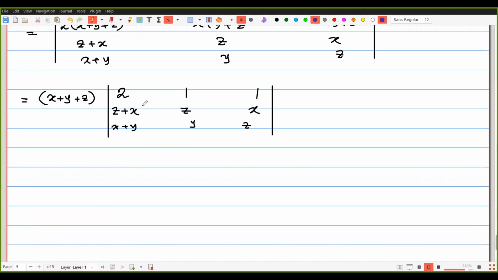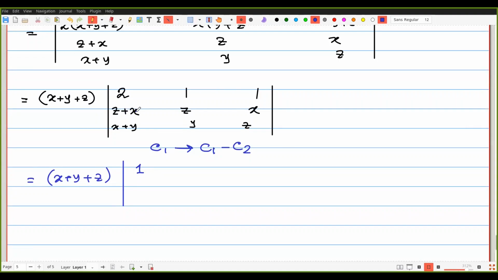Suppose we have to consider, for ease of the calculation, changing C1 to C1 minus C2. Okay, C1 minus C2. So it is becoming x plus y plus z. So 2 minus 1, that means 1.